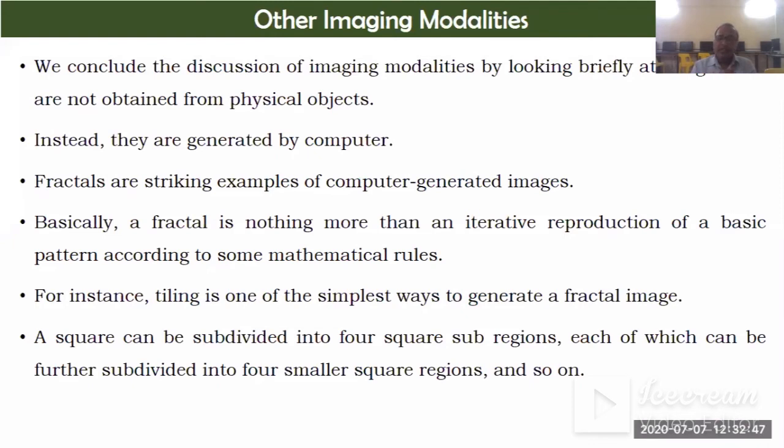But in previous examples the object is available, and from that object we use different signals and then the image is generated. But here, instead of an object, we can create an image using the computer system. So this is another way of imaging.